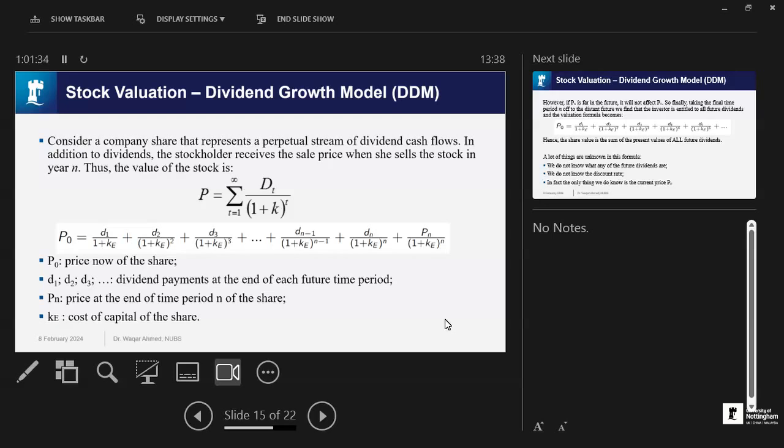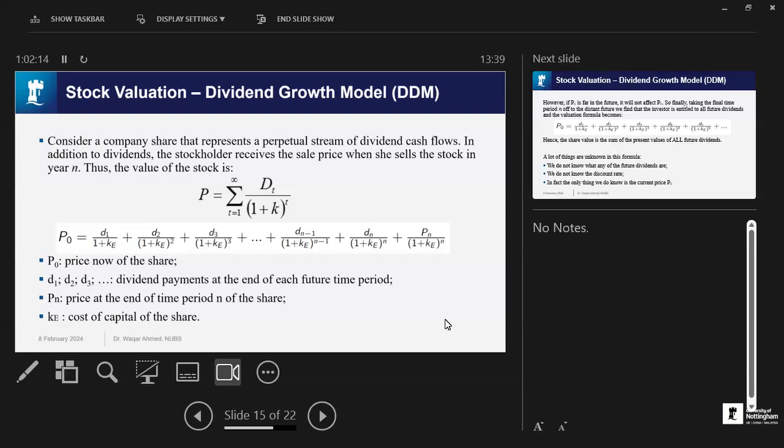So if you make n large enough, what will be the present value of that Pn? Yeah, close to zero. Negligible, because the further the cash flow is into the future, the greater the effect of discount. So if Pn is way into the future, its present value will be so small that it would make no effect.